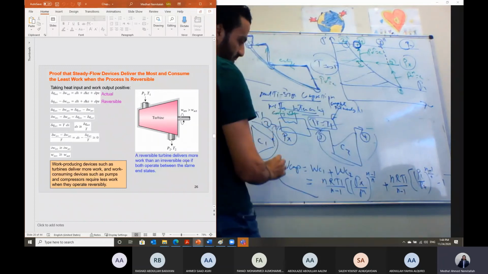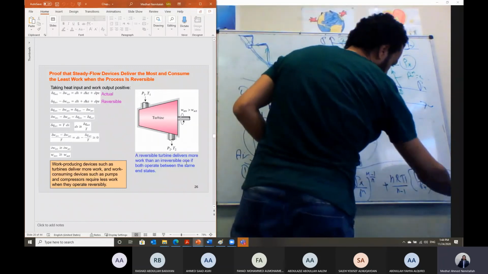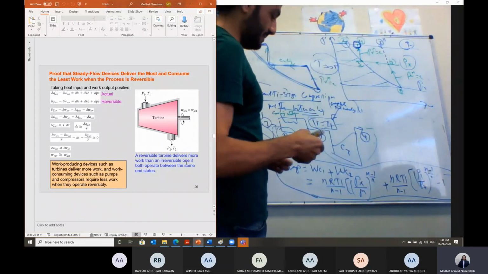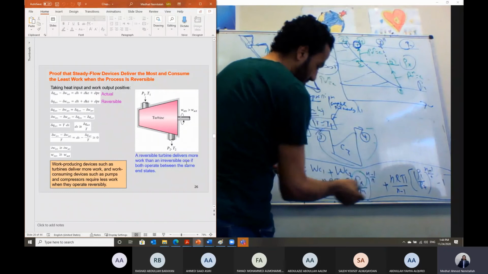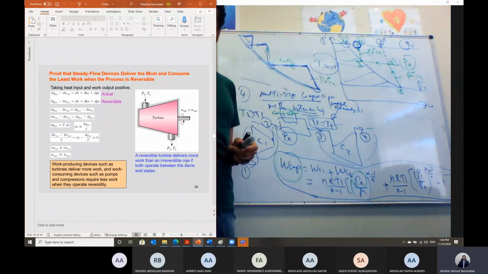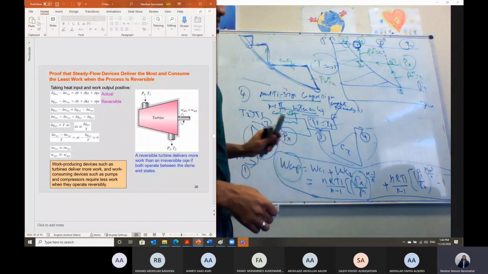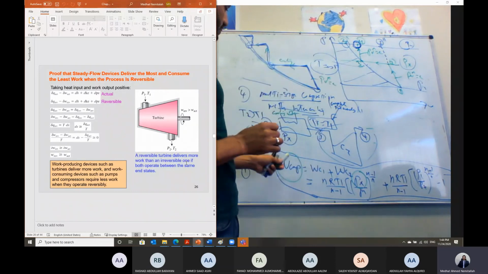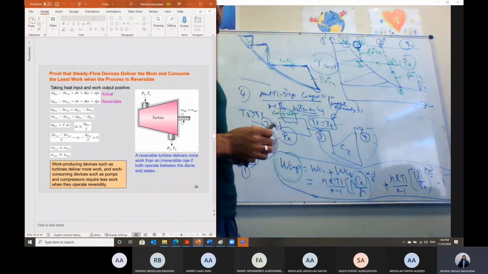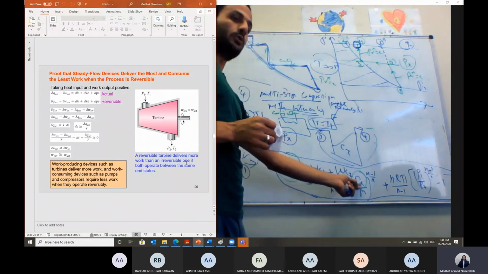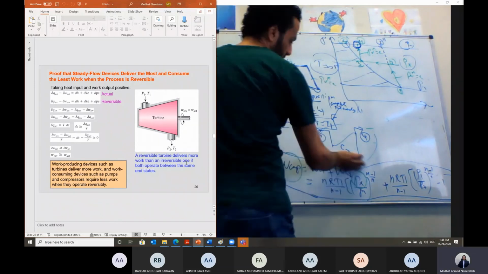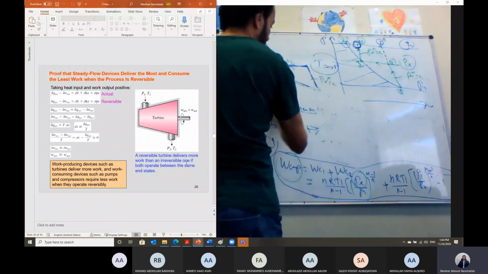How can we calculate the optimum value of Px, the intermediate pressure, for the minimum compressor work? How can we do it mathematically? This is an equation. Forget about the compressor. We have an equation, y is a function of x. How can we get the optimum value of x in order to have this value minimum? What should we do with this equation?